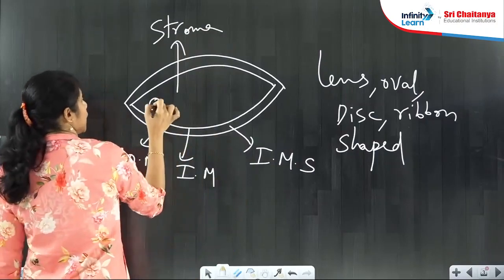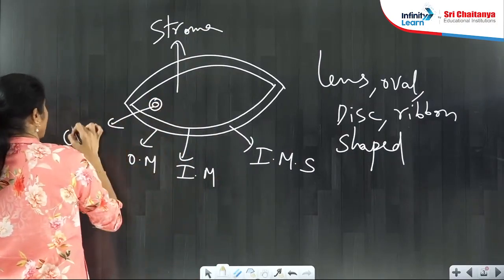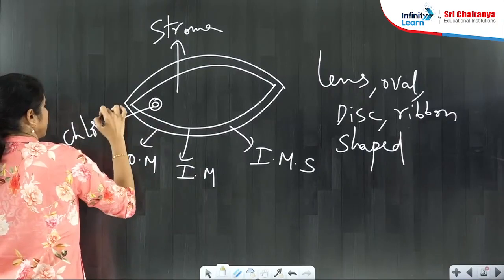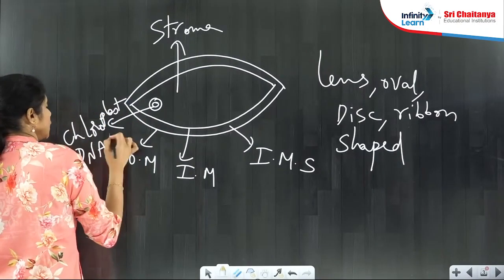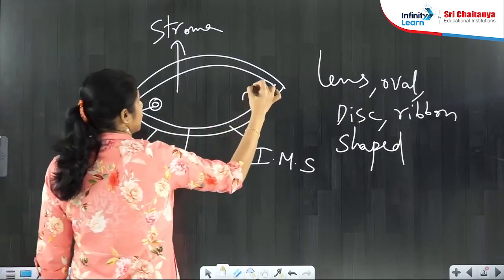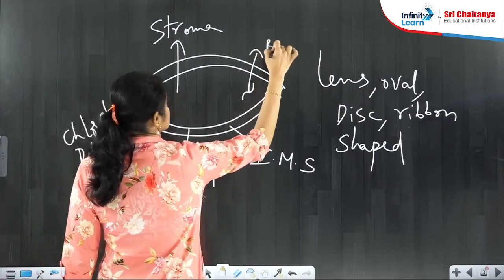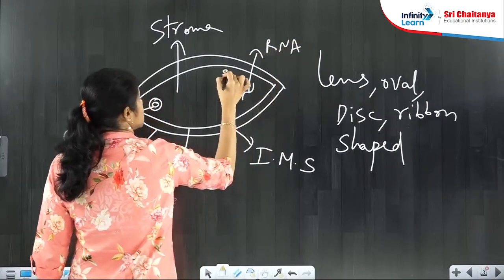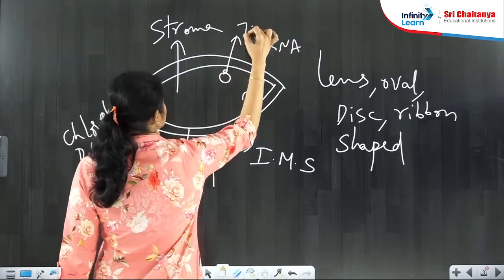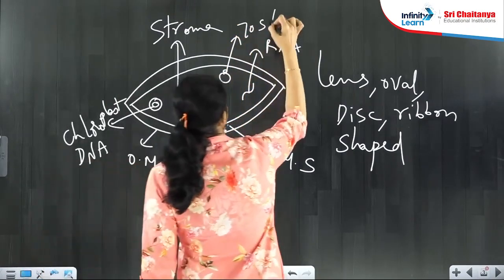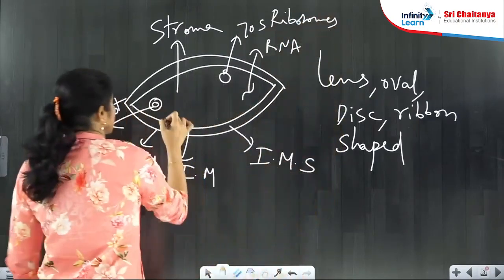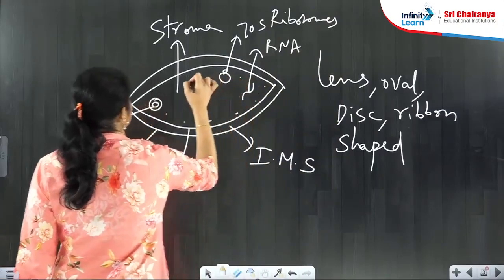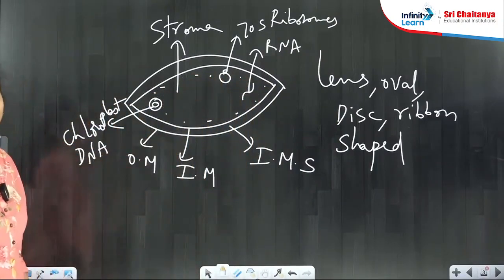Inside that stroma, we have a double-stranded circular chloroplast DNA. And inside we have a few RNA molecules, and we have 70S ribosomes. And different enzymes, starch granules like that, will be there inside this.